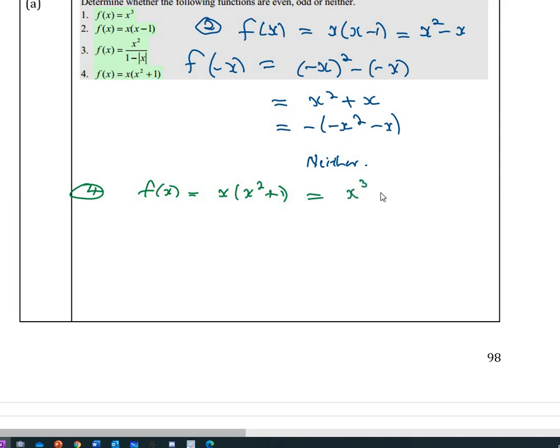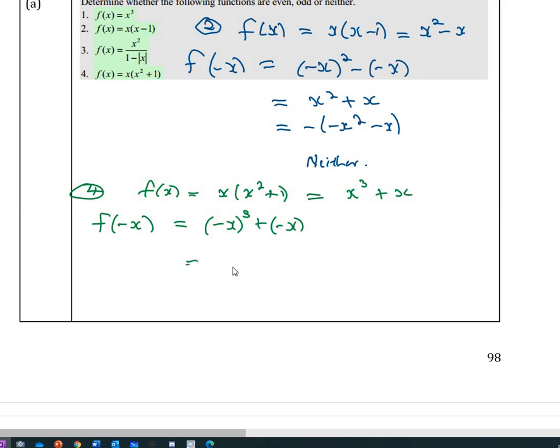It's x to the 3 plus x. So that's my original. Now I need to see whether this function is even, odd, or neither. So I'm doing f of negative x. It's giving me negative x in brackets. Please use brackets. Plus negative x.